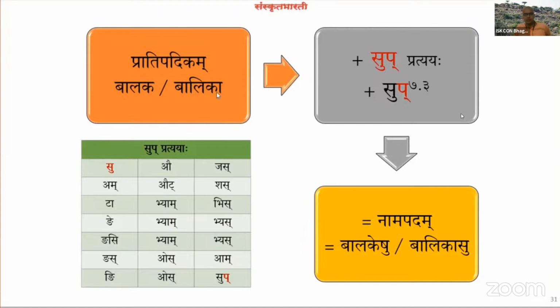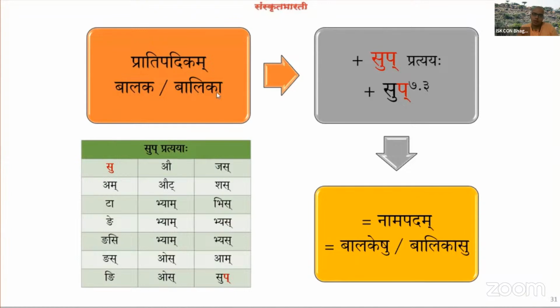When we are adding Sup Pratyay to the Pratipadik Balak, it becomes Balakesu and Balikasu, in feminine gender and masculine gender. So when you want to make a Pad, what you have to do is add Sup Pratyay to the Pratipadik, and you can make a Pad, that is a word in Sanskrit.